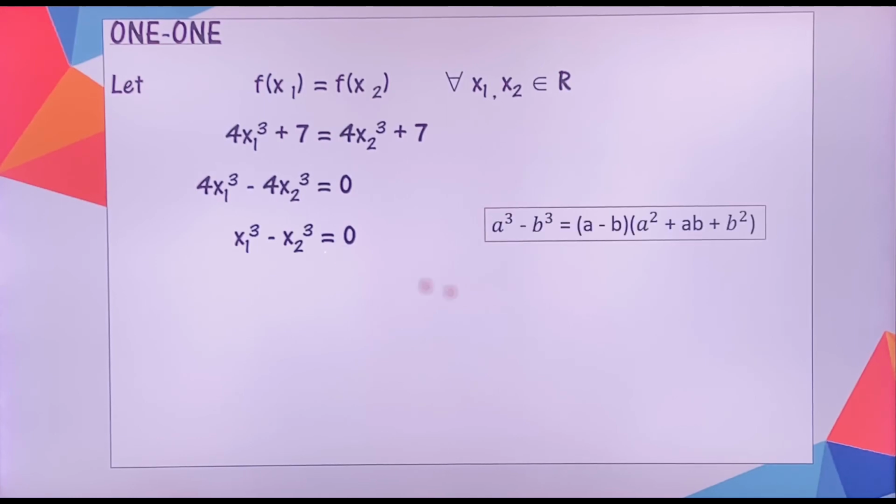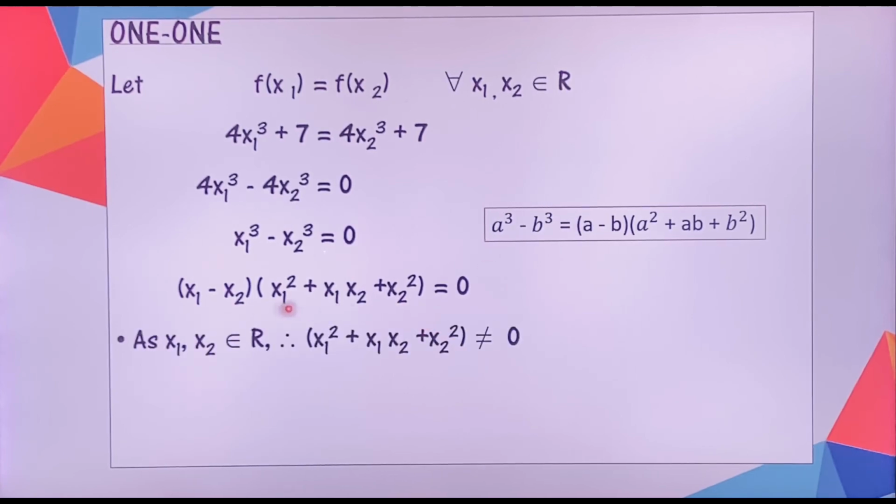Let us recall the identity: a³ − b³ = (a − b)(a² + ab + b²). Therefore, (x1 − x2)(x1² + x1x2 + x2²) = 0, which implies x1 − x2 = 0 or x1² + x1x2 + x2² = 0.